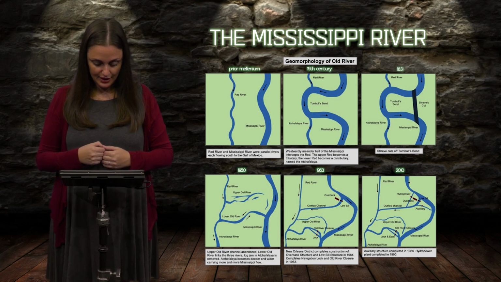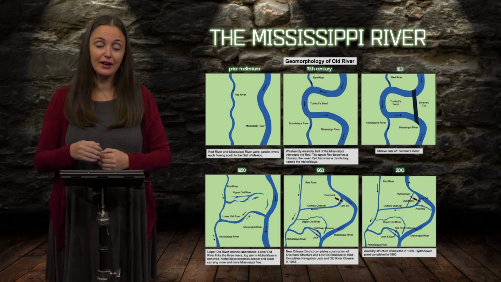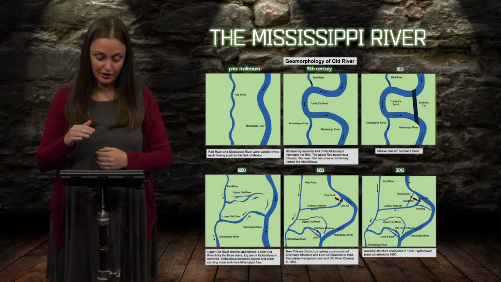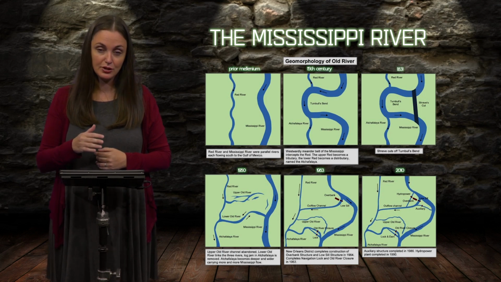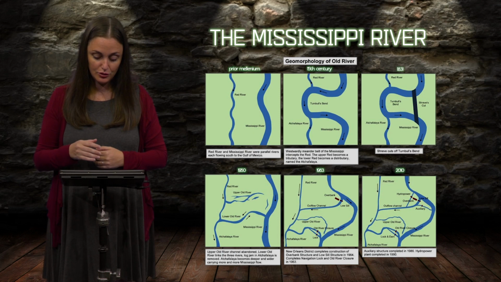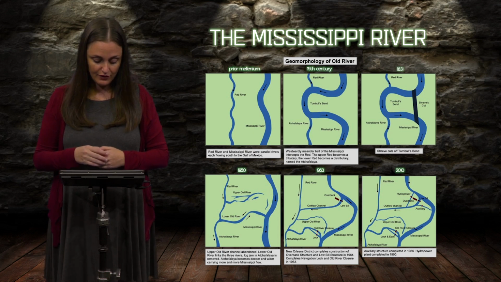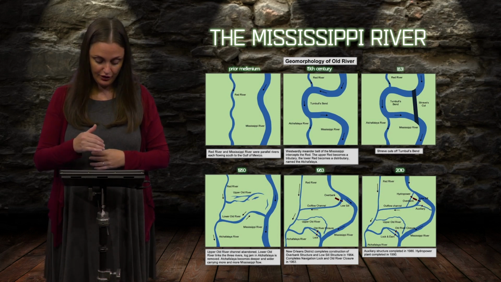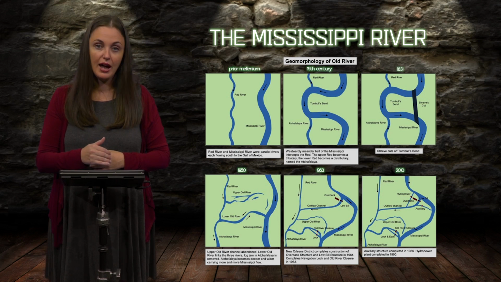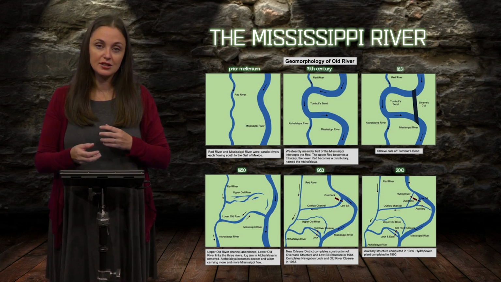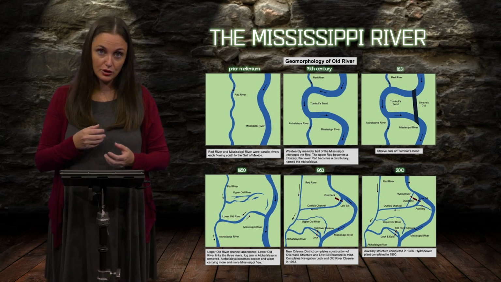So we see this particularly in the late 1800s, the early 1900s, leading up into the 1910s, the 1920s. We have a separate Red River, Atchafalaya River, the Mississippi River, and then there are these sort of connections between the two.